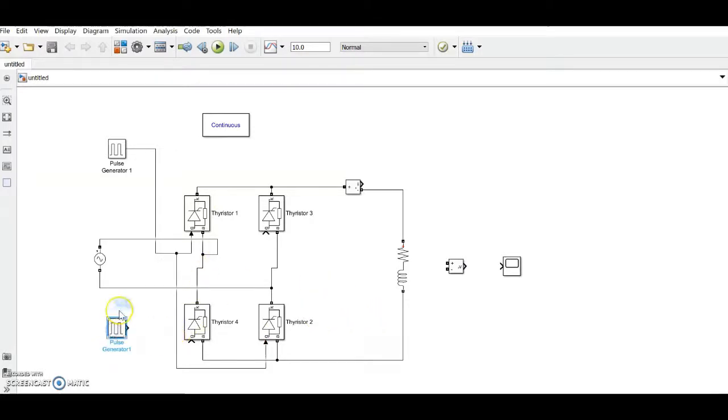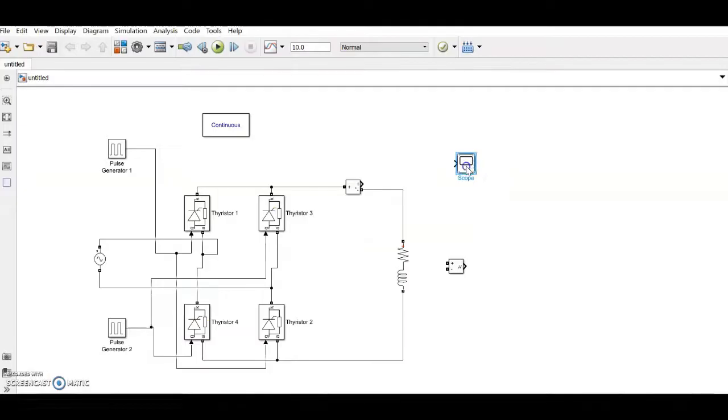Similarly, we'll make a pulse generator 2 here, and we will give input to thyristors 3 and 4, so that once this pulse is on, these two will be triggered at a time. Once this pulse is given during the positive half cycle, then T1 and T2 will be on. During the negative half cycle, pulse generator 2 will be on, so T3 and T4 will be on.